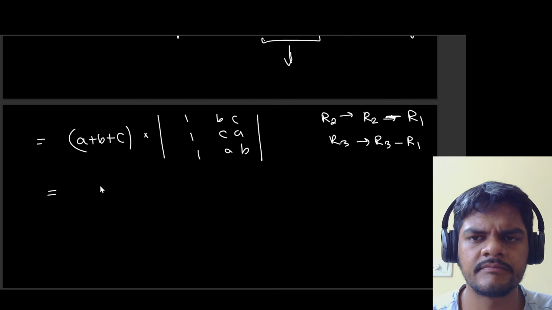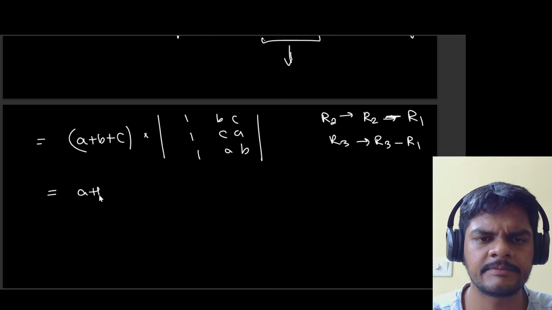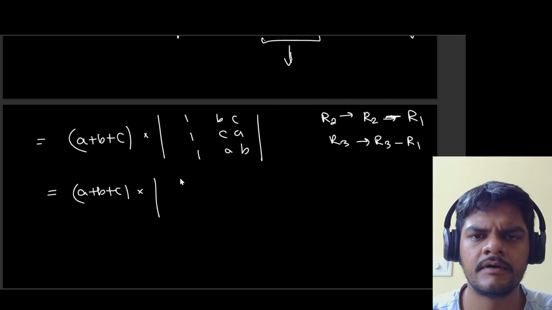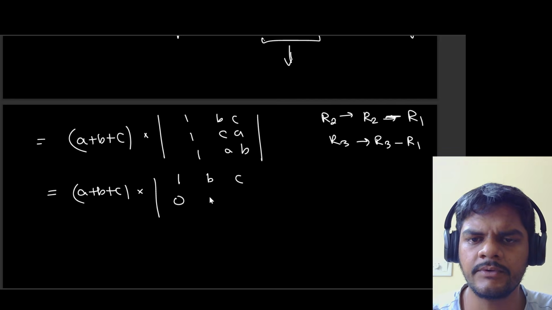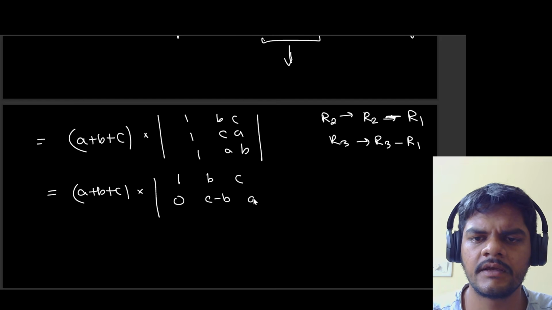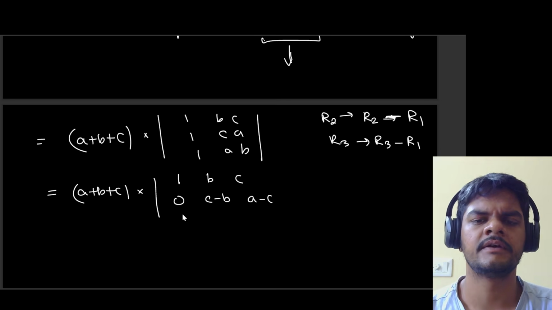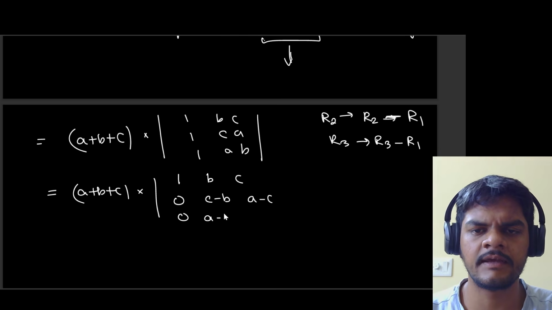These are the two operations I'll do. So a plus b plus c times the determinant: the first row is not changing, so 1, b, c. The second row will be the second row minus the first row, so 0, c minus b, a minus c. The third row will be the third row minus the first row, so 0, a minus b, b minus c.